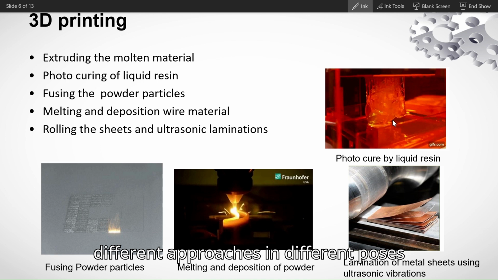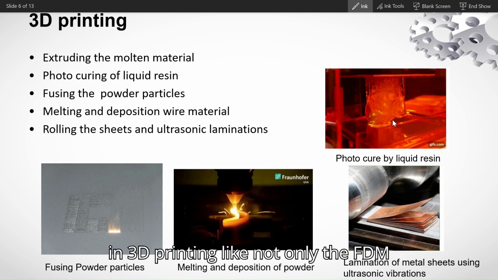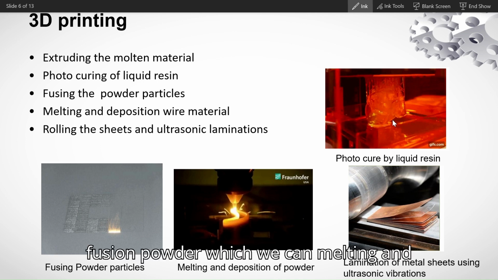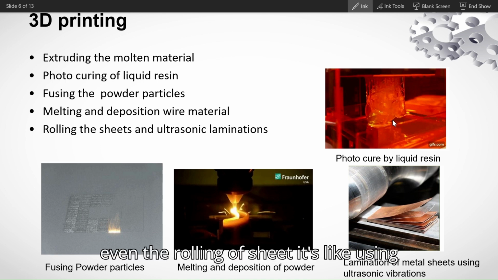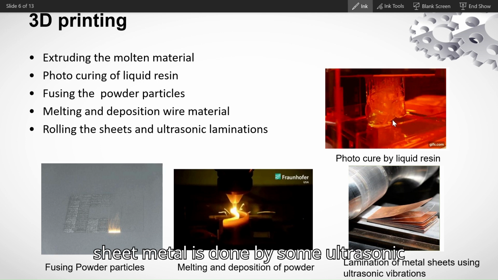There are different approaches and processes in 3D printing, not only FDM. There is curing as mentioned, powder bed fusion, melting, and directed energy deposition, DED. There is also the lamination of sheets, like ultrasonic lamination, where sheet metal is laminated using ultrasonic vibrations.